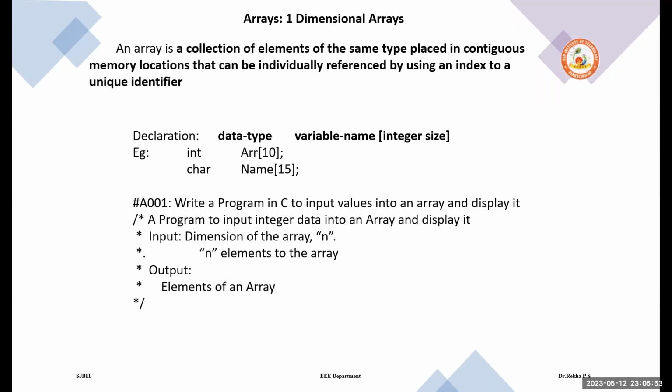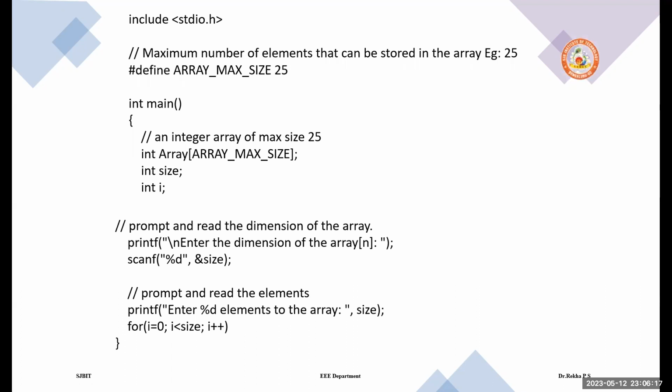How many elements are present in that particular array? That is nothing but the dimension of the array. How do you input an array? How do you output an array? That's the main idea of making you understand single-dimensional arrays in this particular class.